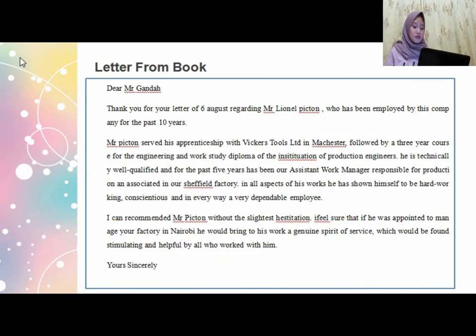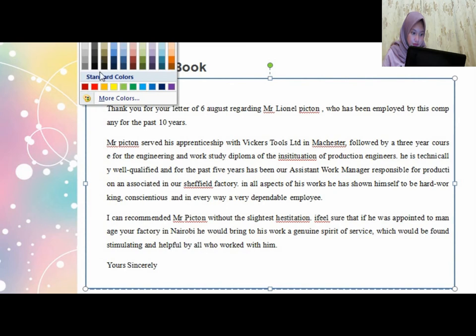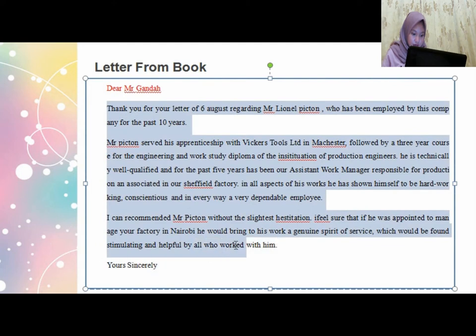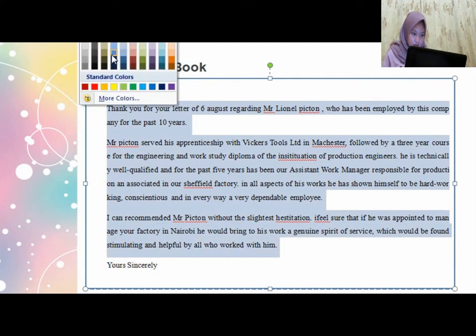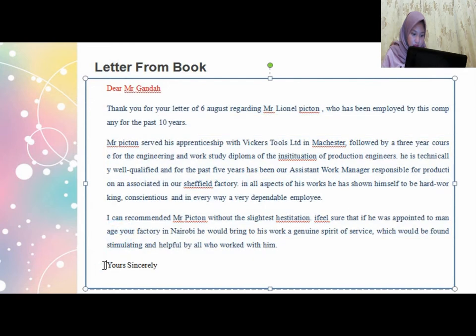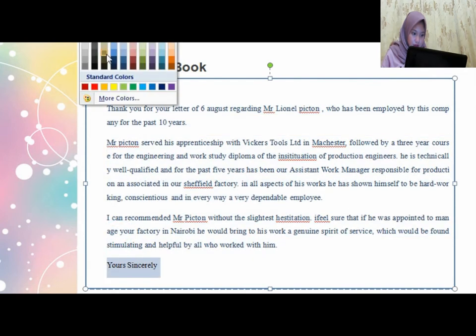Next, I will show you the structure of the letter from the book. This is the salutation. This is the body of the letter. And this is the complementary clause.